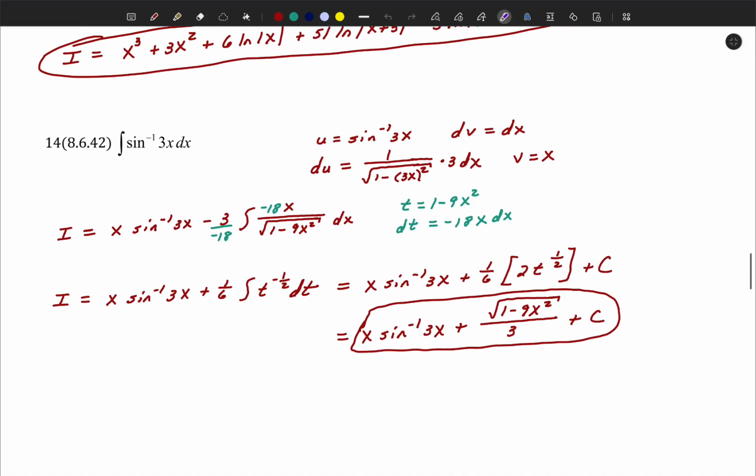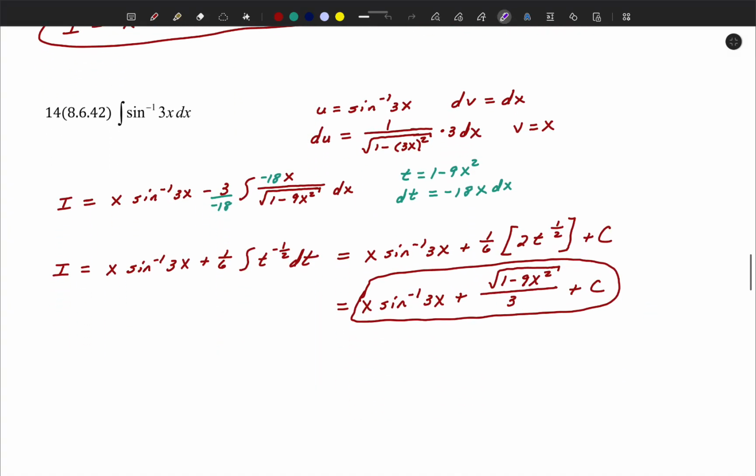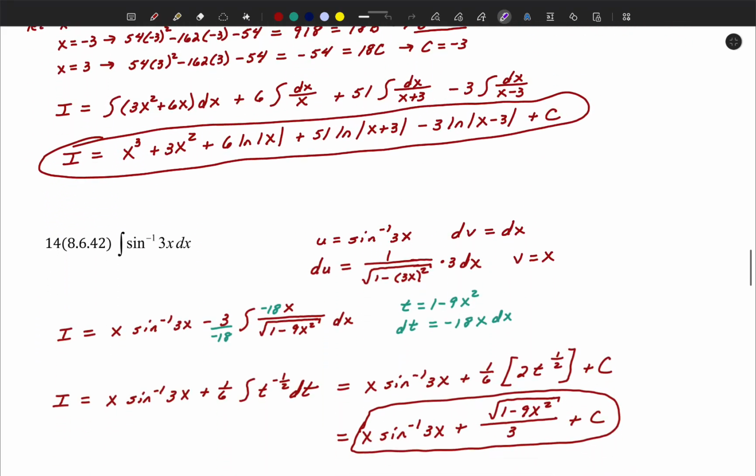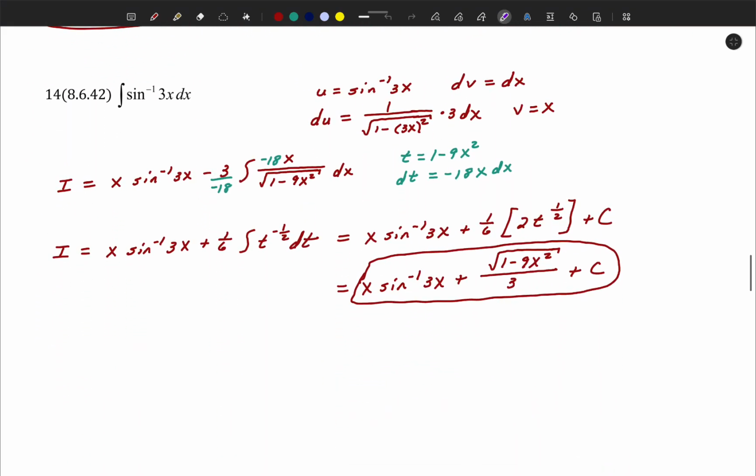The next problem. This is, again, from 8.6. And in 8.6, it was wanting us to know the best technique to use. The best technique to use anytime you have an inverse trig function, well, it's a no-brainer. It has to be integration by parts.